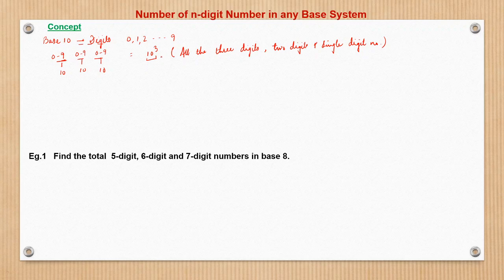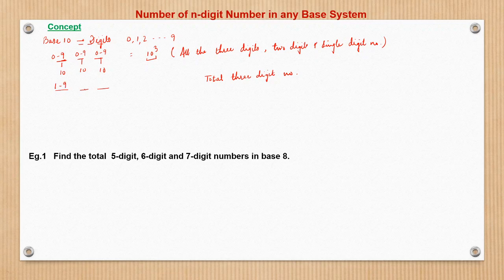Now, had the question been only three-digit numbers in base 10, what would that have been? This place now cannot take 0, because now we have to find the total three-digit numbers.